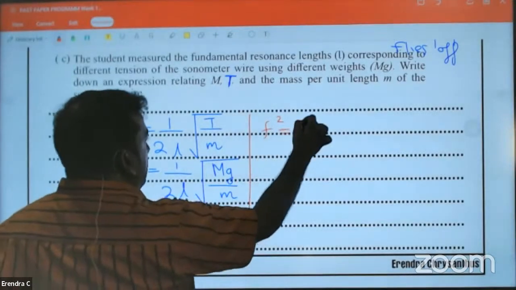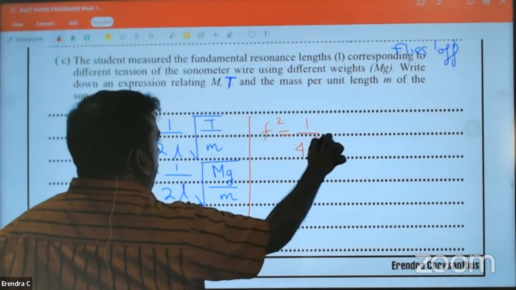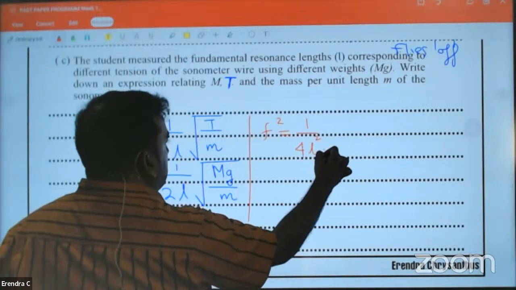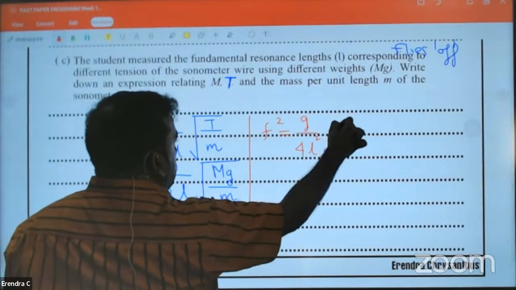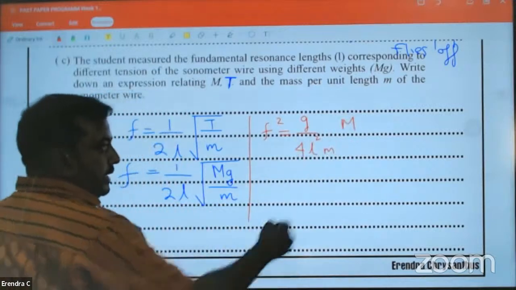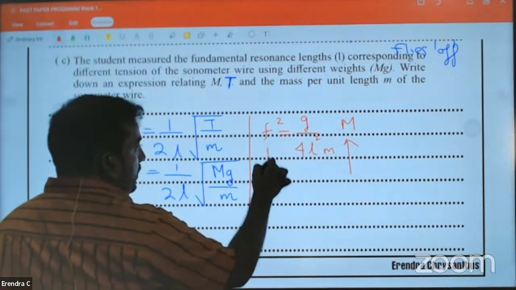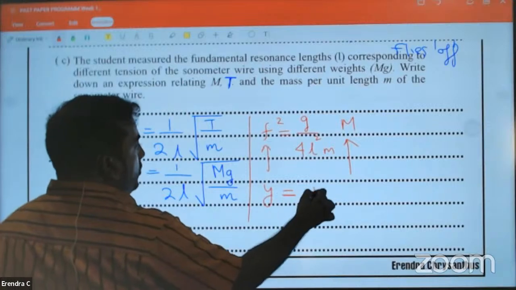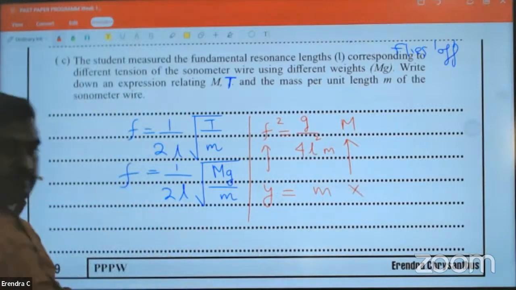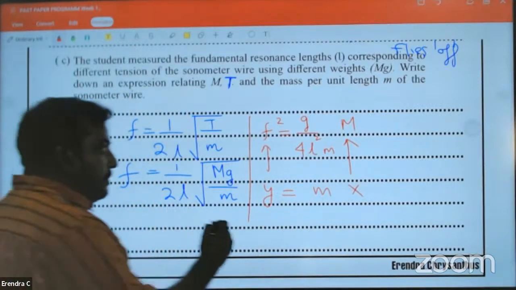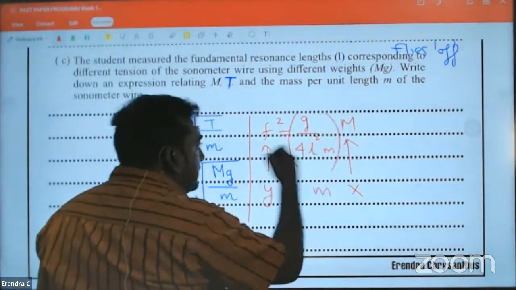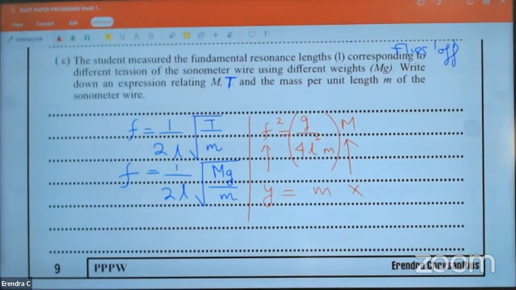F squared is equal to 1 over 4L squared times m g times capital M. This graph is of the form y is equal to mx. This is your gradient.